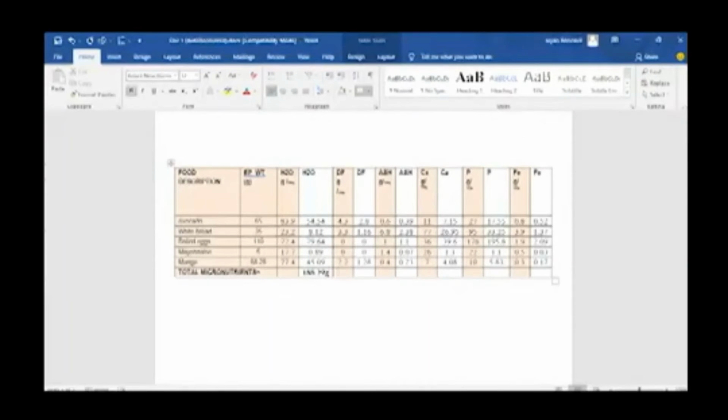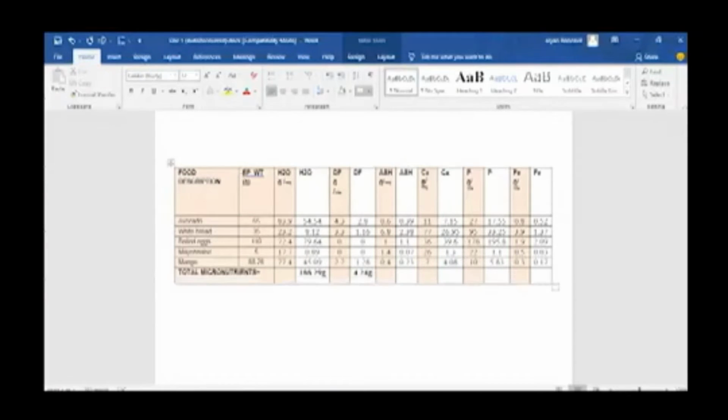Then we have DF, 2.8 plus 1.16 plus 1.28 is equal to 4.24 grams. Then for ash we have 0.39 plus 2.38 plus 1.1 plus 0.07 plus 0.23 is equal to 4.17 grams.